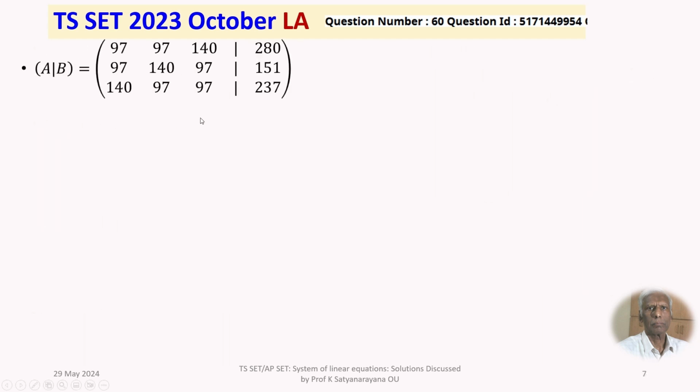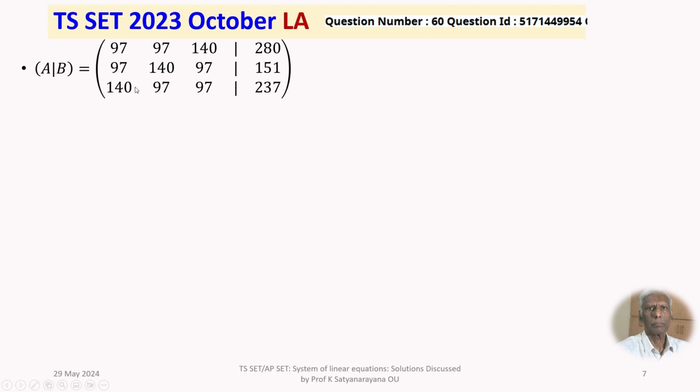We have this augmented matrix, and our goal is to bring it into echelon form. To do so, we have to do some elementary row operations. The first elementary row operation is on R2: the second row, first column element, we want to make it 0.